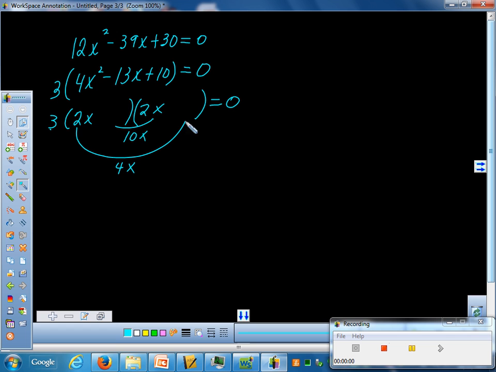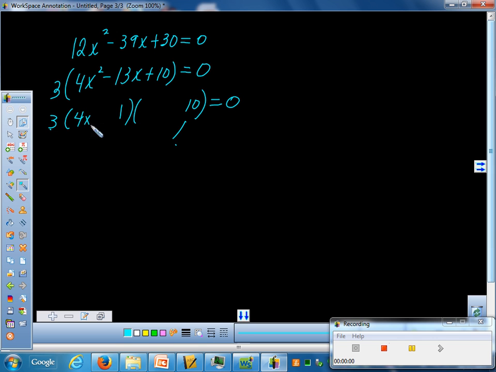So what do you want to try? 10 and 1. I have a feeling I may have messed up this problem when I just redid it, because I don't think we're going to get anything to work here. Because now what's going to happen? It's going to be a 20 and a 2. Boy, that's not working. So you want to try 4 and 1? Okay. 4 and 1 it is.